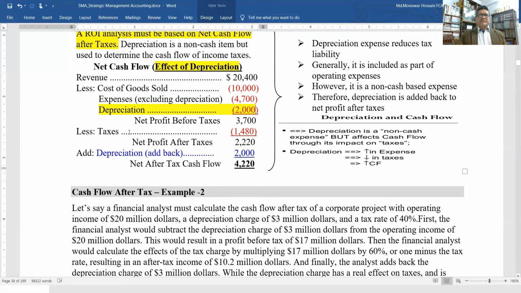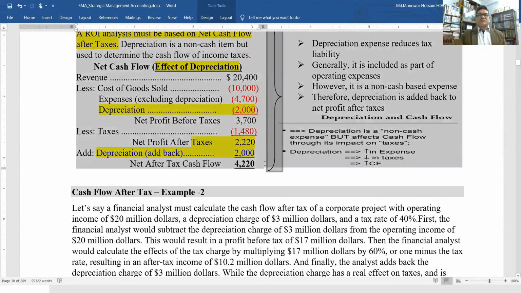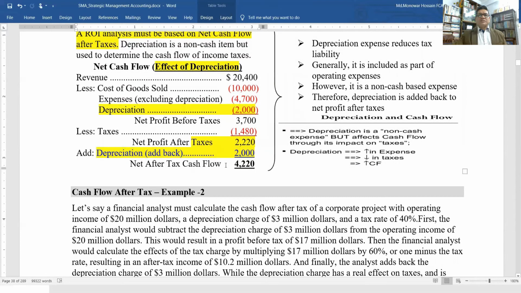If we deduct the tax of 1,480, then we get net profit after tax 2,220. And again, we should add back the depreciation that we deducted before tax. So net after-tax cash flow would be 4,220. Clear?